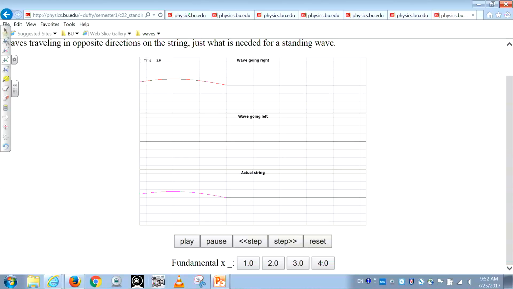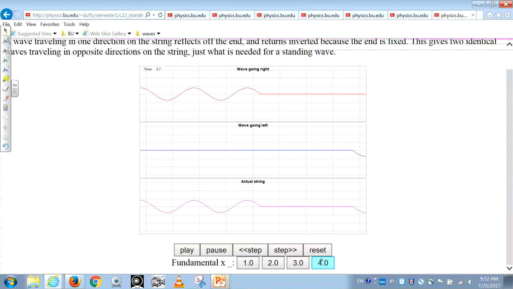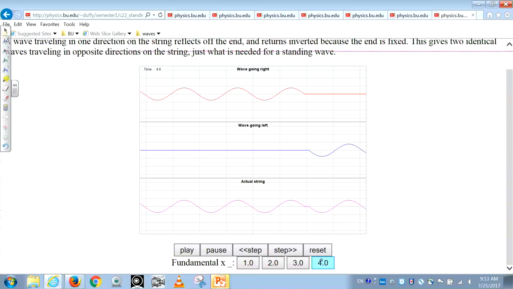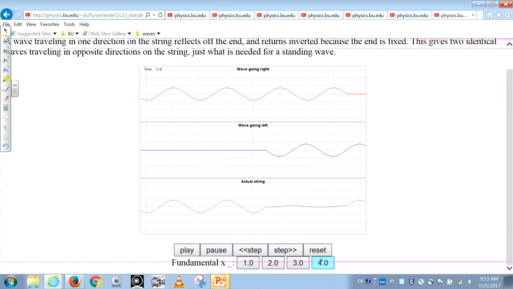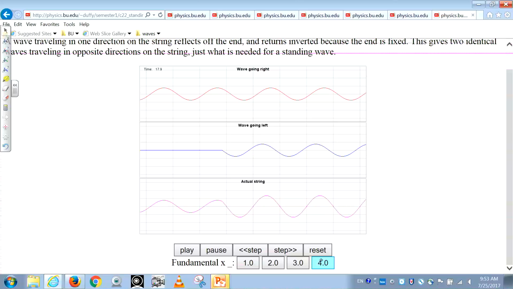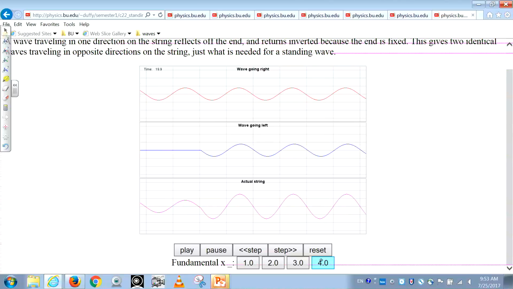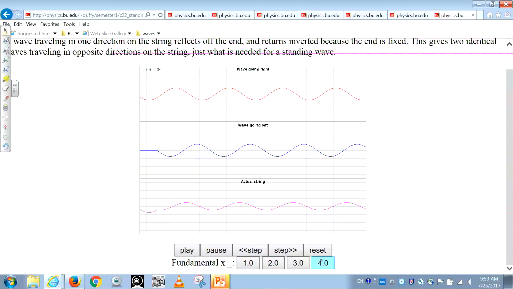What's happening here? Okay, this is an illustration of a superposition. One wave travels to the right, second wave travels to the left, and at the bottom we observe what would be happening if they would be traveling in the same medium.